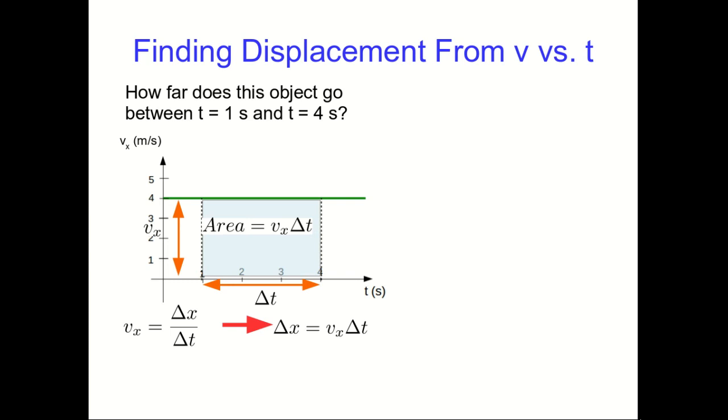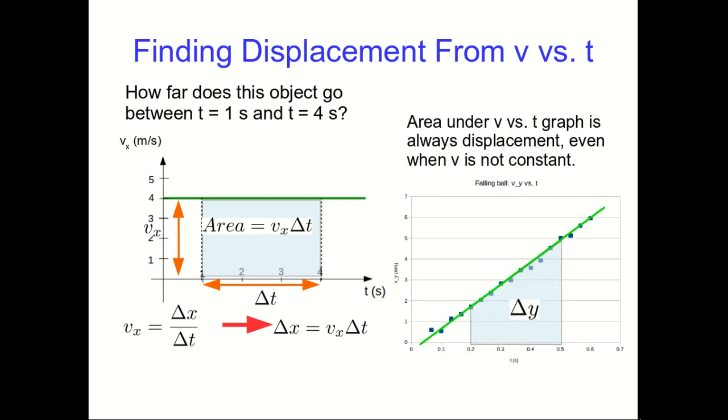It turns out, for reasons that we'll see eventually and have to do with calculus, that this always works, even when the velocity isn't constant. So here's our falling ball data, and if we wanted to know what the displacement, the y component of displacement was of this ball between 0.2 seconds and 0.5 seconds, all we would need to do is find the area of that shape underneath Vy versus t.